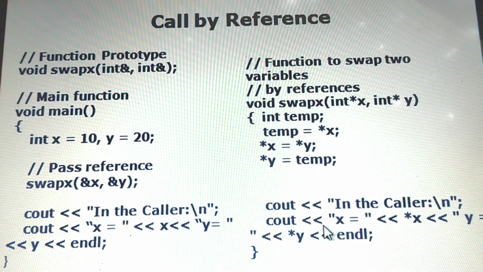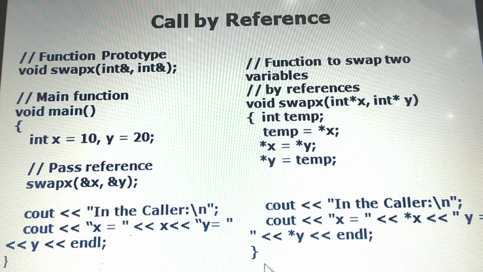Then we can display on the screen using the cout statement: x is equal to 20, y is equal to 10. Then as soon as the control reaches the closing bracket, it goes back to the main program. How will it go back to the main program?